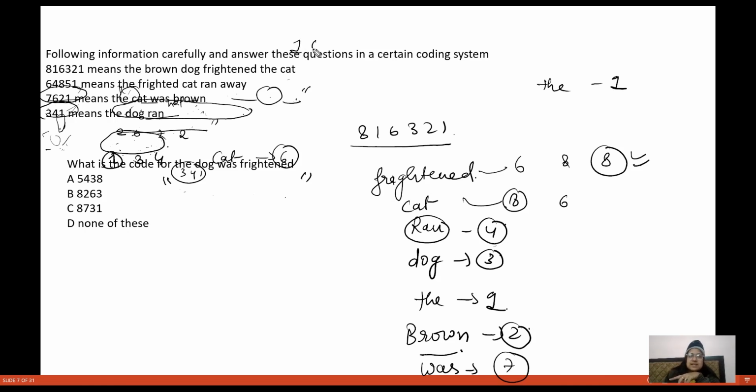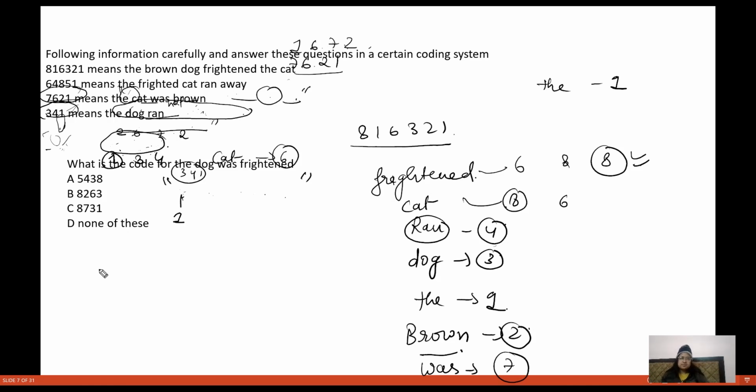So 1672 is written as 7621. We flip this and then bring this behind. So now our answer is: the dog was frightened.